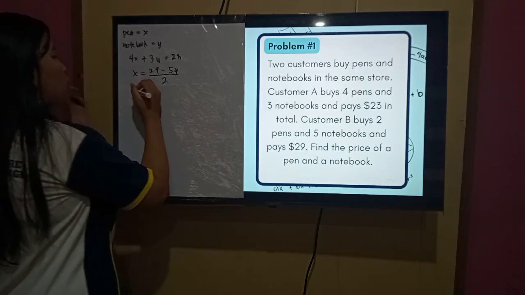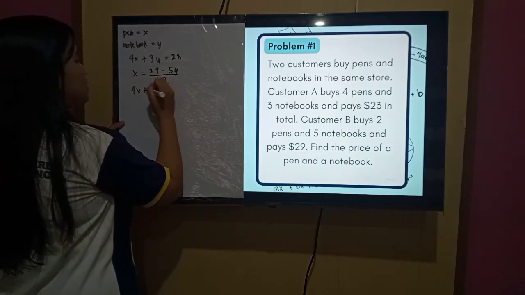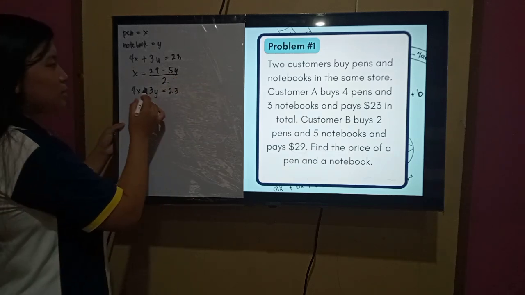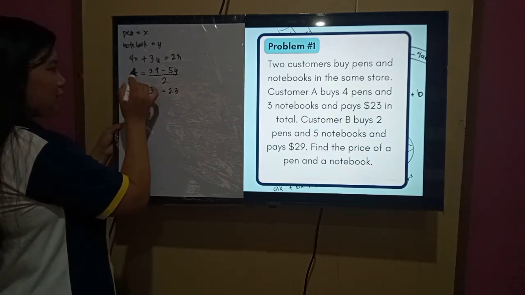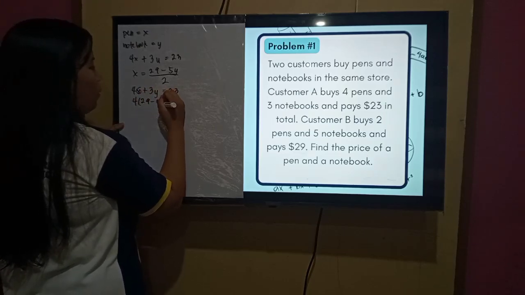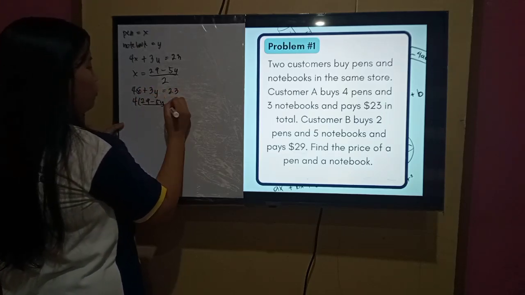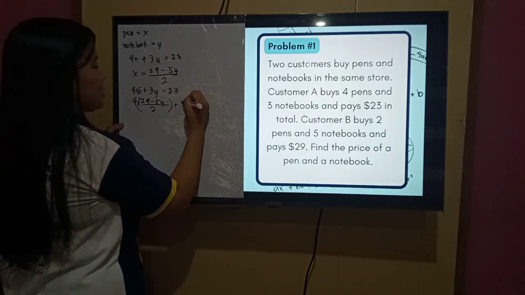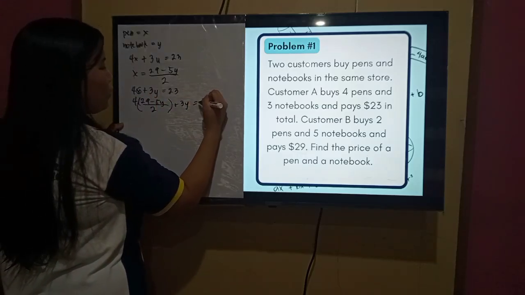So, we have 4x plus 3y equals 23. So, isa-substitute natin dito yung value ni x. So, we have 4 times (29 minus 5y) over 2 plus 3y equals 23.